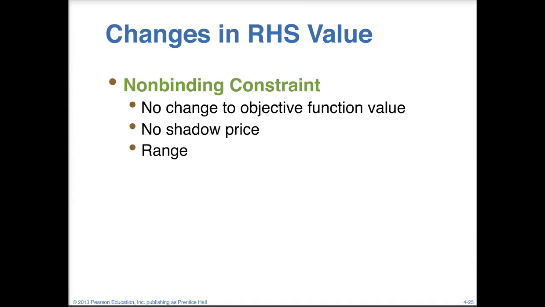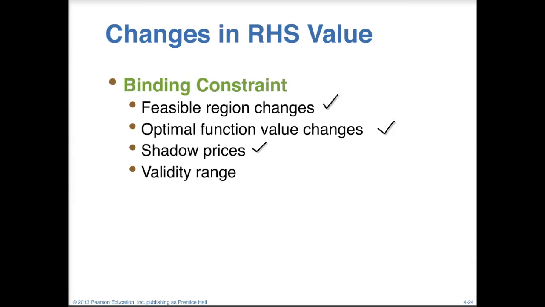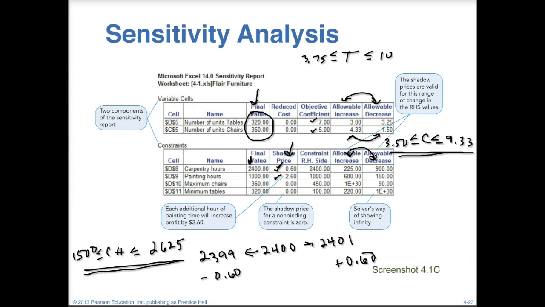And we see that for a non-binding constraint, there is no change in the objective function, no shadow price, and the range is fine. So I'm going to go back here and explain that. If you see here, we have no shadow price for these two.